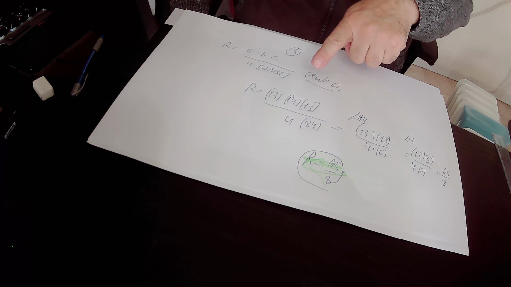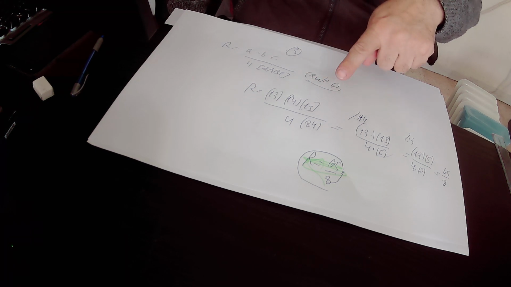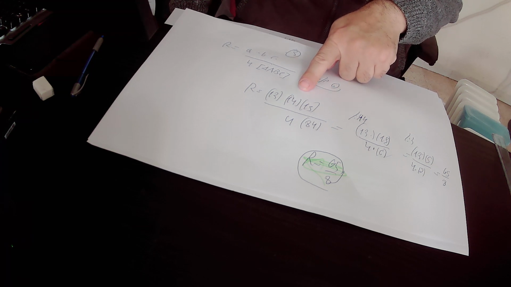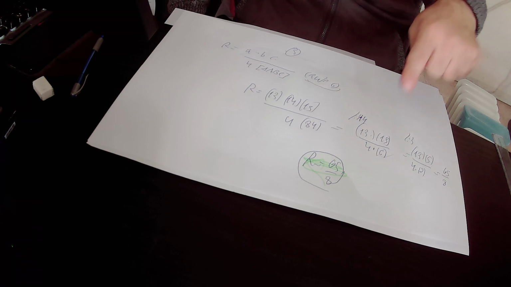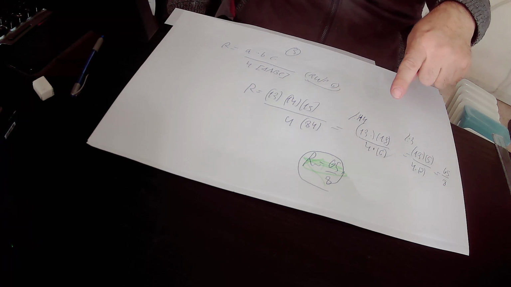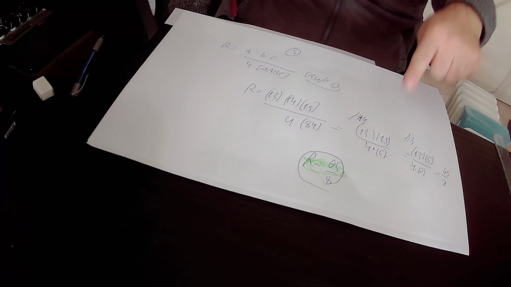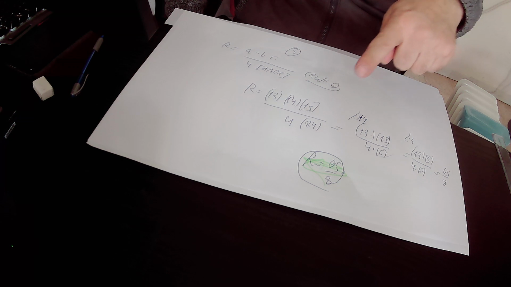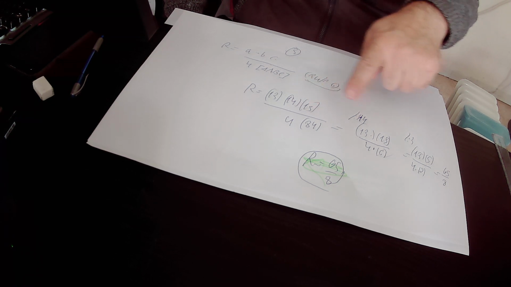So here we divided both the numerator and the denominator of this expression by 14. So here 14 over 14 is 1. So in the numerator we are left only with 13 times 15 over 4 times 84 over 14, which is 6. 84 over 14 is 6. So in total in the denominator we are left only with 4 times 6.